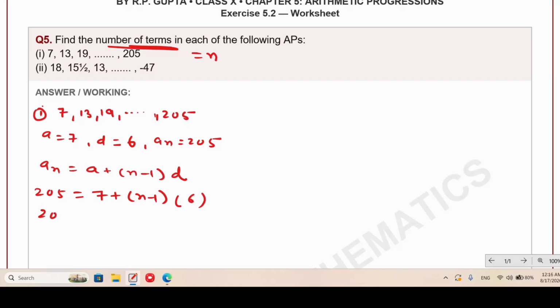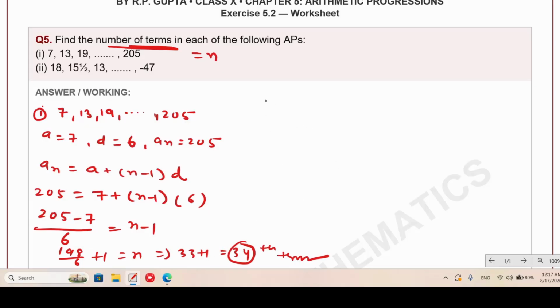So 205 minus 7 over 6 is equal to n minus 1. So this will be 205 minus 7, which is 198. So 198 over 6 plus 1 equals n, that is 33 plus 1 equals 34. So it is the 34th term.